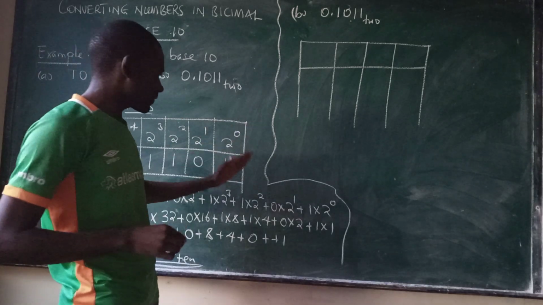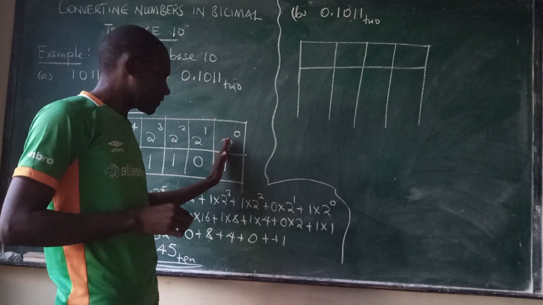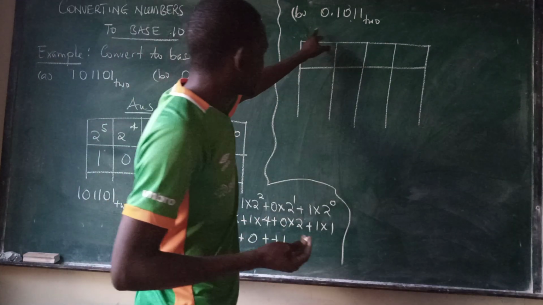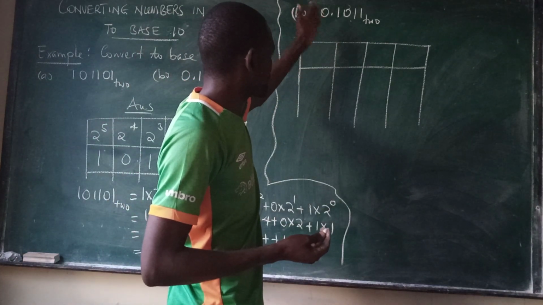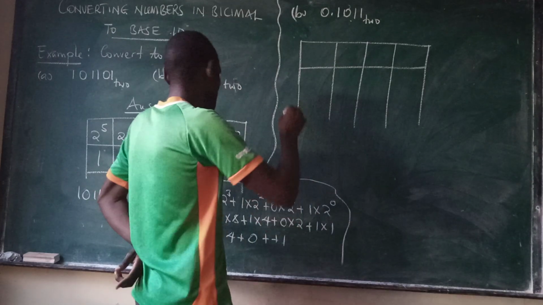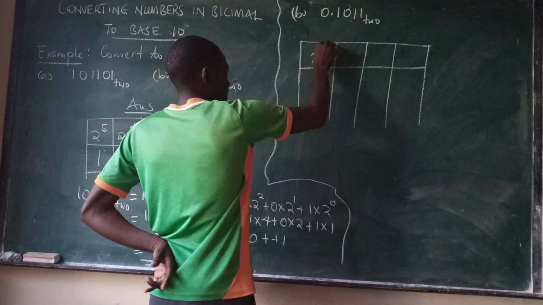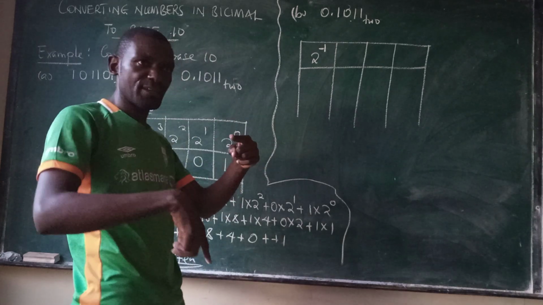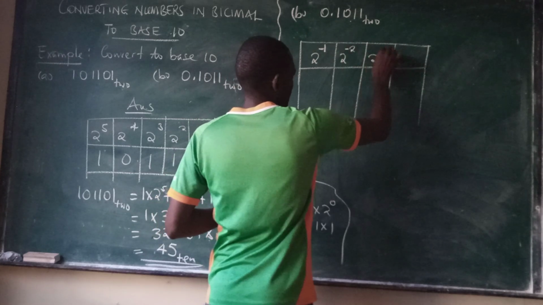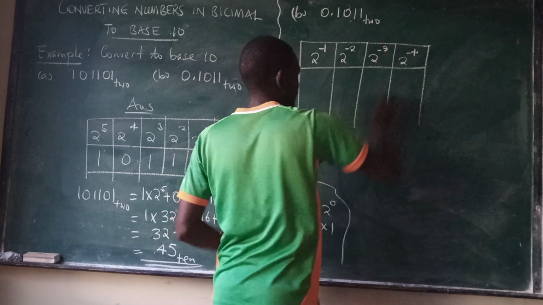But on the other side of the decimal point, the way we have 10s in base 10, here we are going to have the place values 2 power negative 1. We are on the negative part to show that it's actually a fraction. Then here 2 power negative 2, 2 power negative 3, 2 power negative 4, like that.